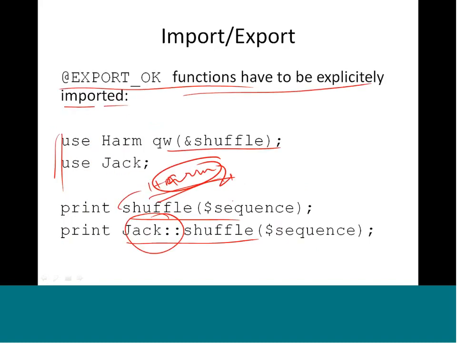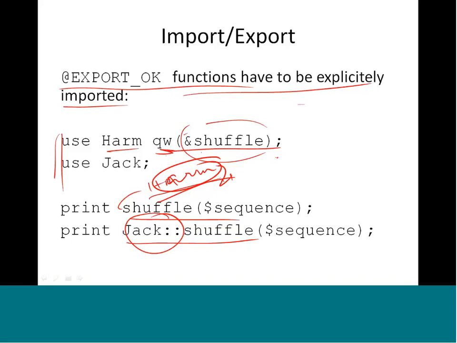And this gives the command, how to do it. So we say use harm, and then again the shuffle as the subroutine.